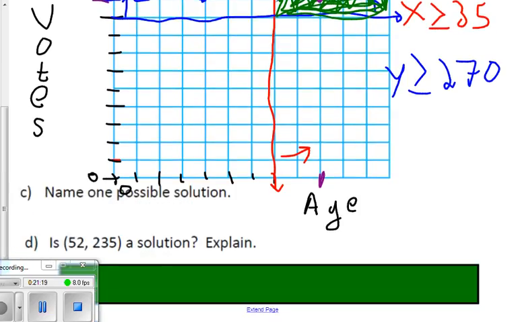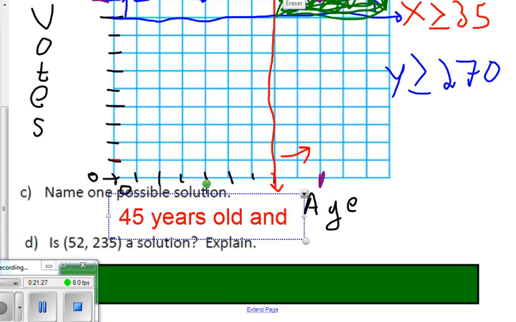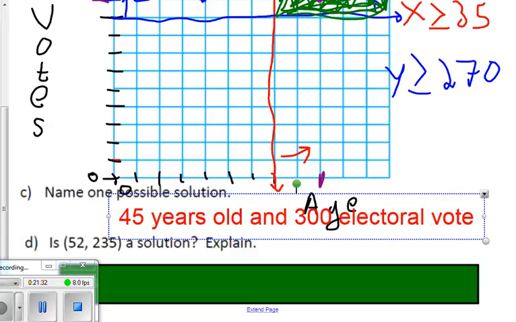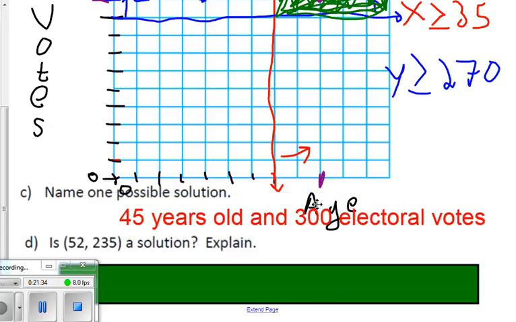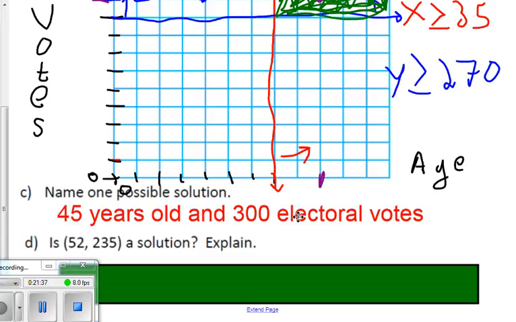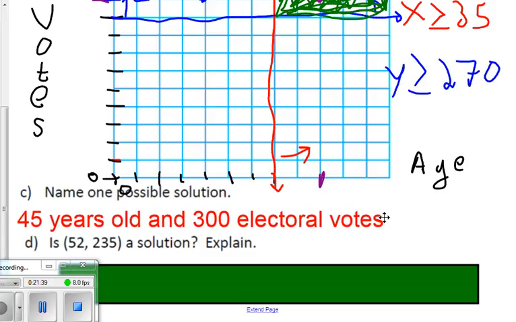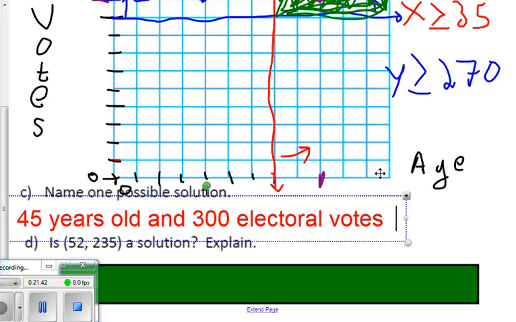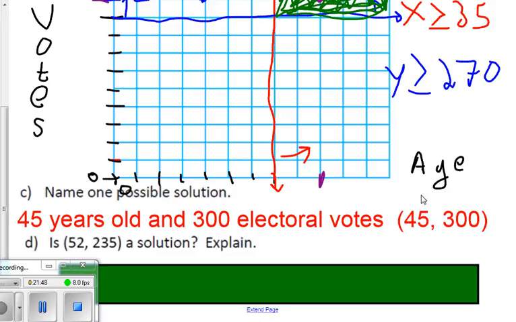So one possible solution is 45 years old and 300 electoral votes. Actually, we can even write that as (45, 300). What that's saying is age is x, 45 years old. Electoral votes is y, 300 of them. So this person would be eligible.